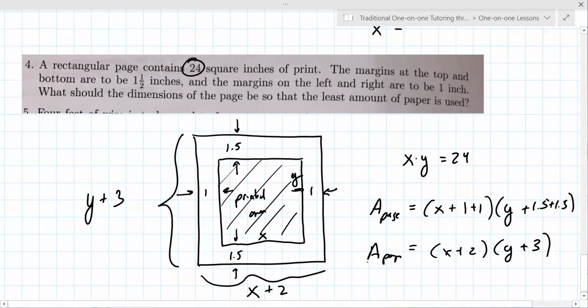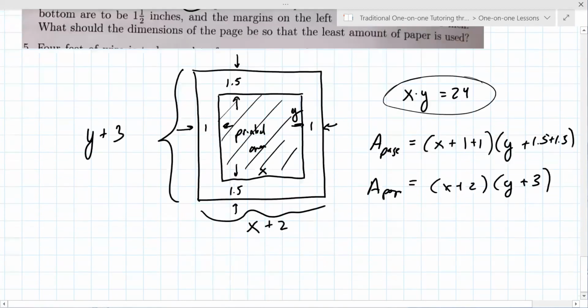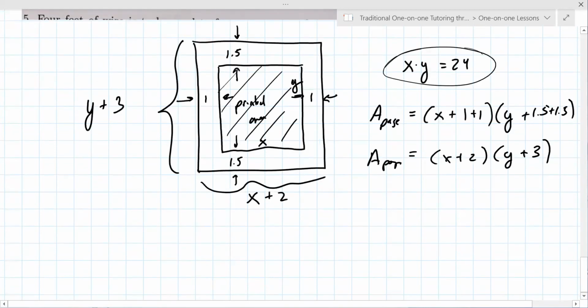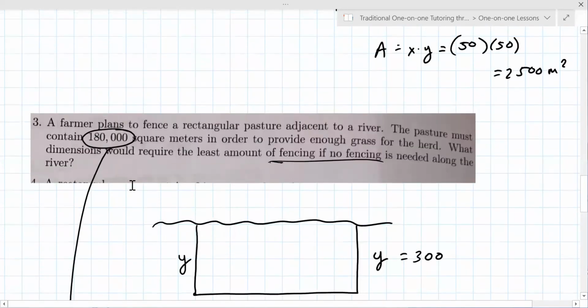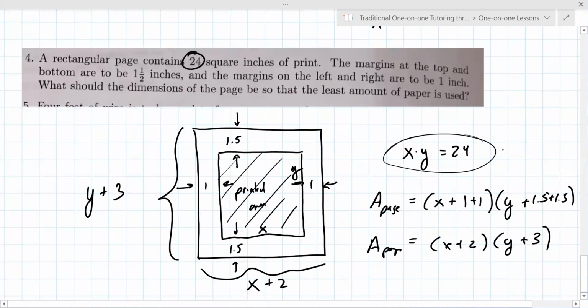So you've got to solve this equation. Which variable are you going to solve it for? We solved all of them for Y. You can solve for X, but Y is generally the one.